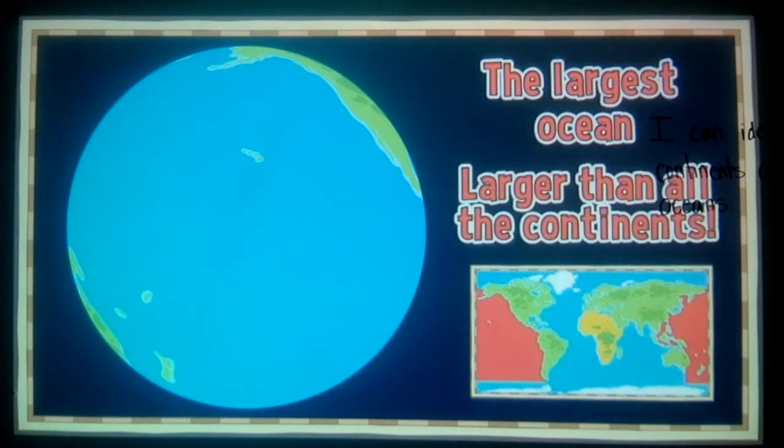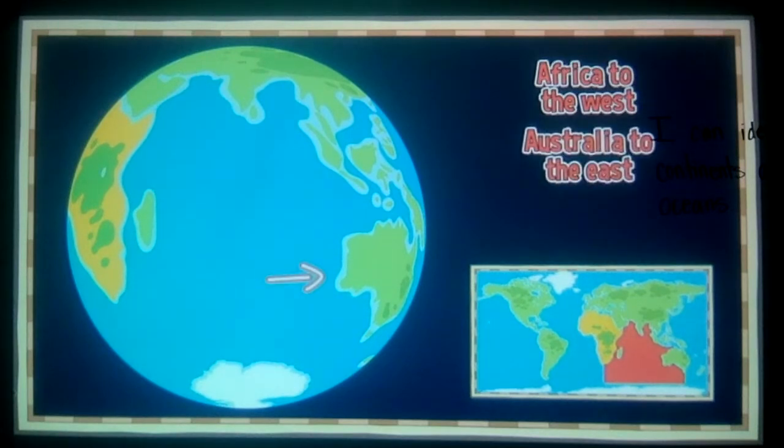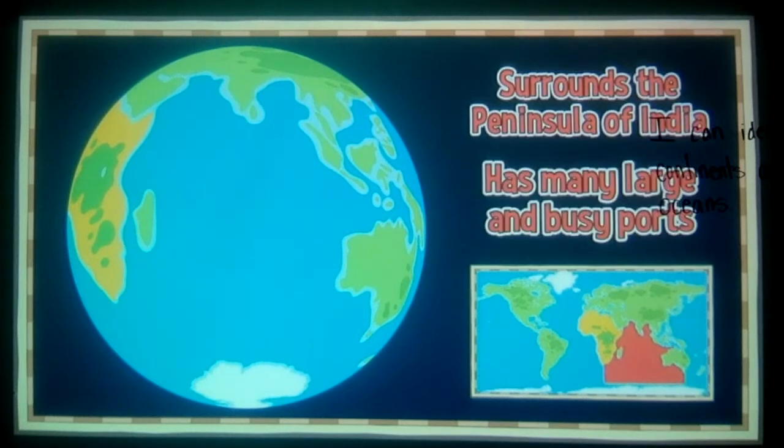The Pacific Ocean is the largest ocean, even bigger than all the continents. The Indian Ocean has Africa to the west, Australia east, and Asia north. The Indian Ocean surrounds the peninsula of India and is known for its large and busy ports.